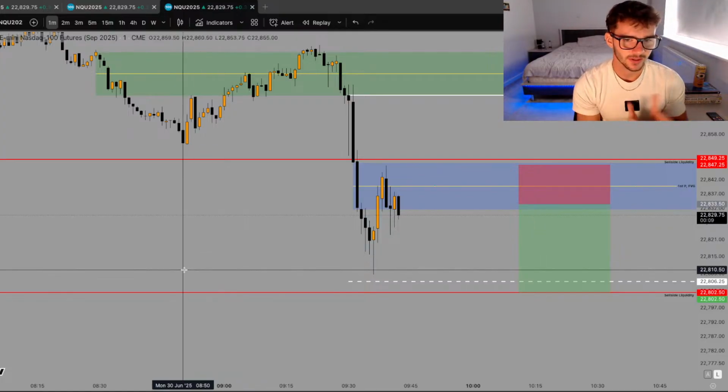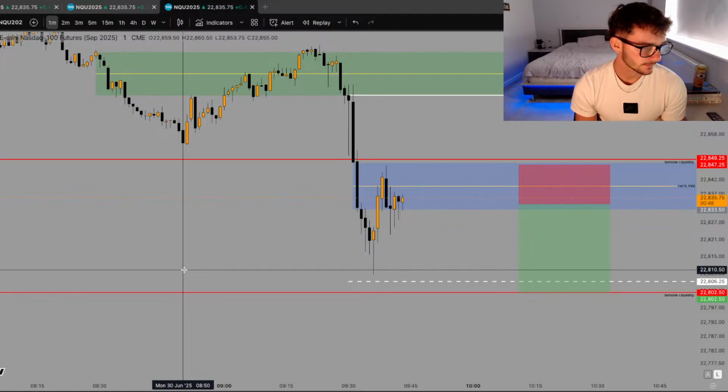It's going to be like a 2022 model combined with first presented fair value gap towards an already determined draw on liquidity, which in this case is relative equal lows left behind from Asia, and opening range gap midpoint.